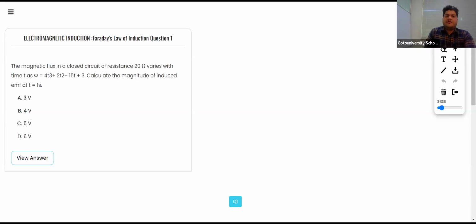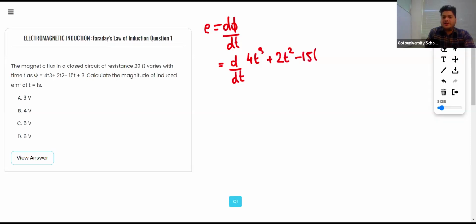So we have to find induced EMF. What is the formula for induced EMF? Induced EMF is d phi by dt. So this will be equal to d by dt of phi, which is 4t cube plus 2t square minus 15t plus 3.